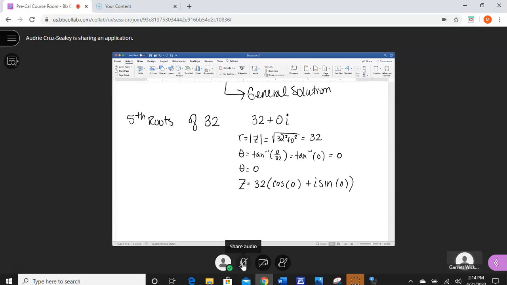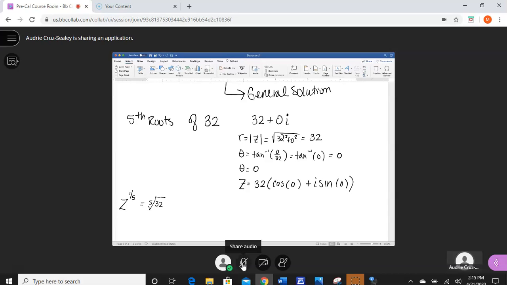Yes, ma'am. Okay. So now what we're going to do is take the fifth root of this complex number. I'm going to write everything super slow. I'm going to do z to the 1/5, because we're taking the fifth root, equals the fifth root of 32, which is the same thing as 32 raised to the 1/5.